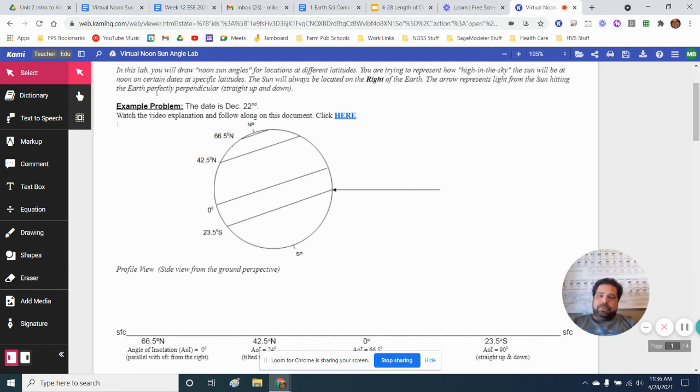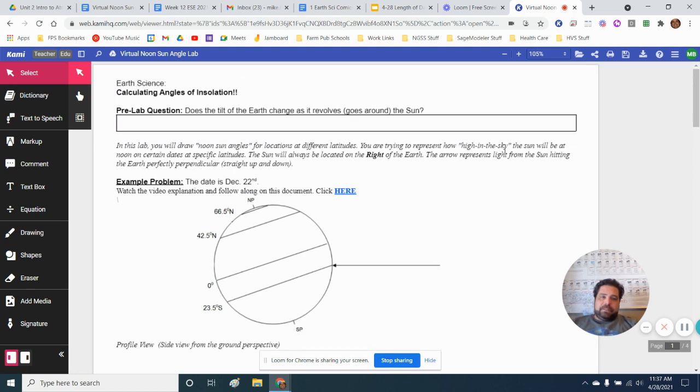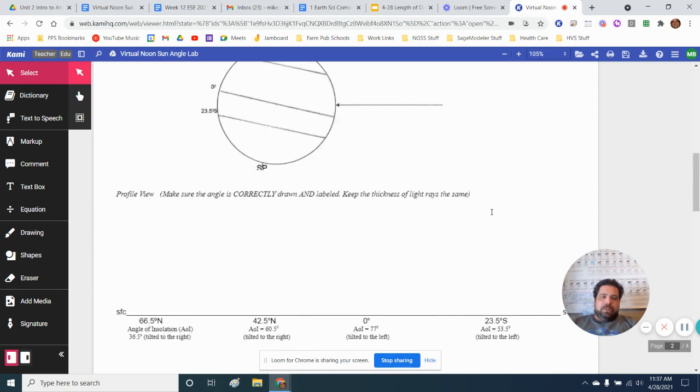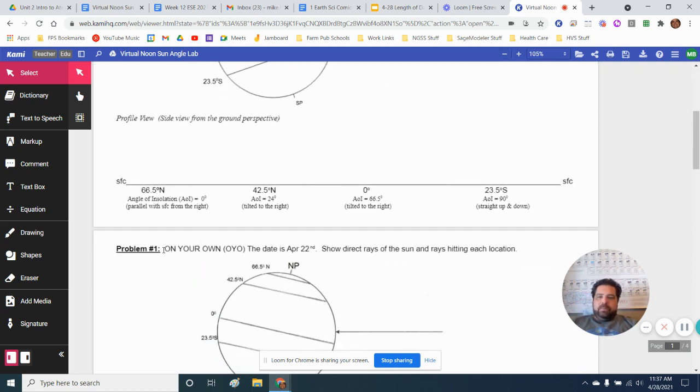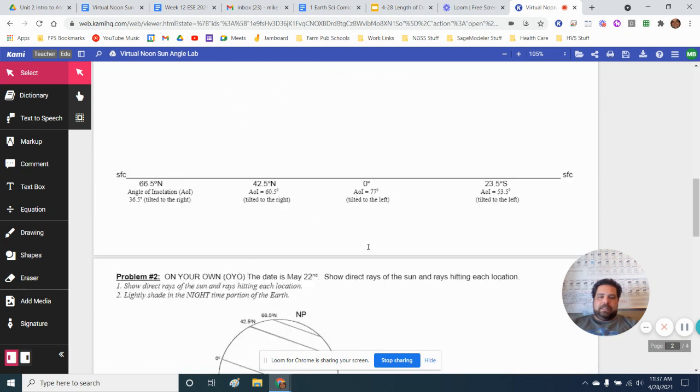And the first thing I want to do is draw photons of light from the sun, light rays coming from the sun. It's important to note that in this activity, the sun is always on the right side. It doesn't matter what day we're doing. Here's April 22nd.